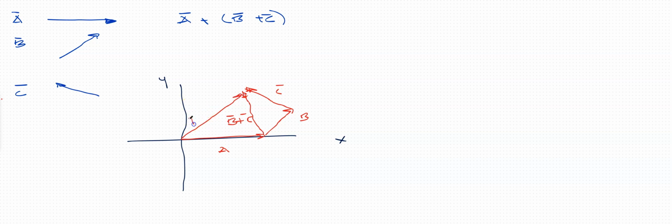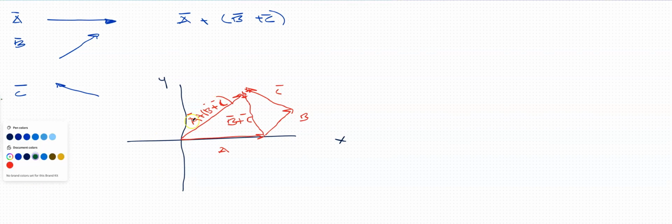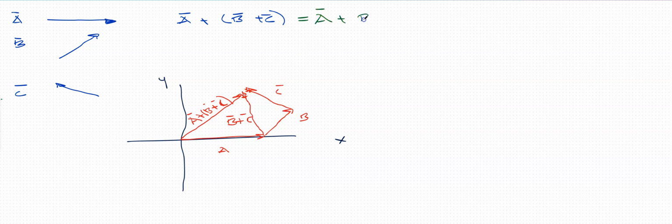Well, that will be A plus, in parentheses, B plus C. Can you see that A plus (B plus C) will be equal to A plus B plus C? If I follow this path, it's simply A plus B plus C, and then we get to the same end. And then I connect from this beginning to here. So it's exactly the same thing.